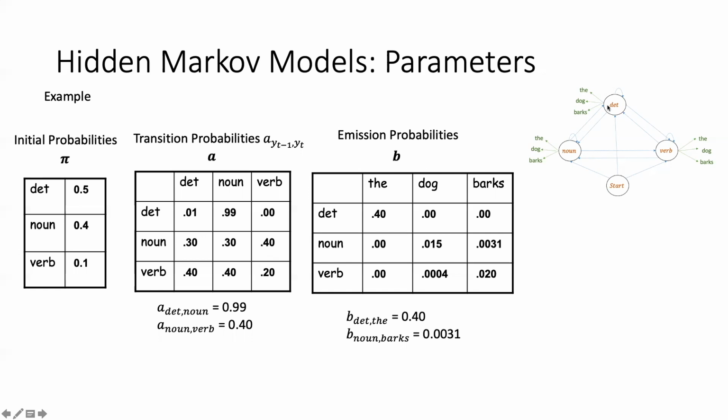And after reaching a state, HMM emits an observation word out of the vocabulary which we consider. In this particular case, the vocabulary is the dog barks. So the probability of emitting the word the in the determiner state is 0.04, which is indicated here, and the probability of emitting the word barks from the noun state is 0.031, which is indicated here. So these are the parameters involved in HMM. Let's define it more formally.